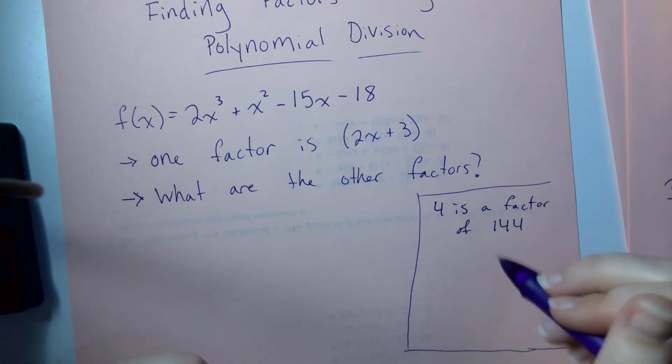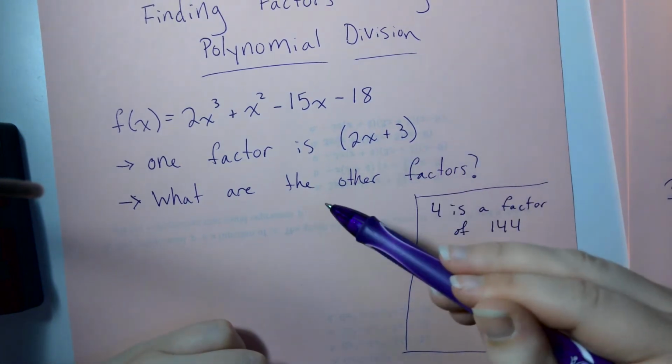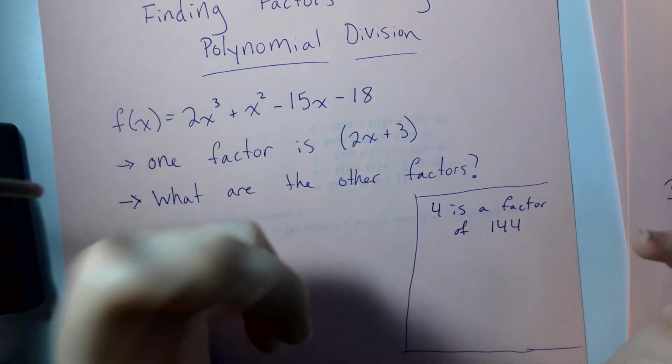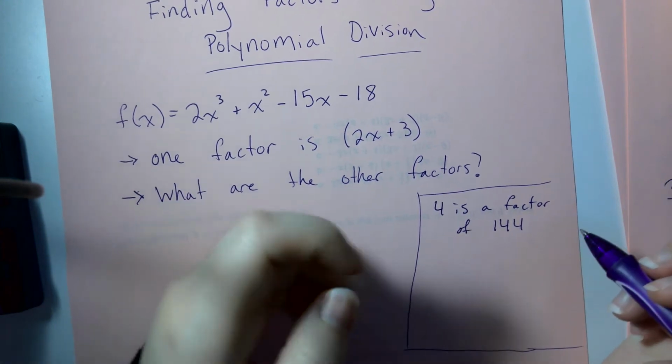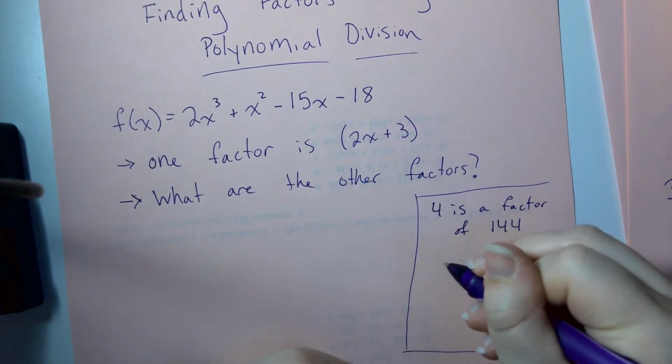I'm going to go through this just so we get the idea and why what we're doing works with polynomials. If 4 is a factor of 144, then if we want to find what times 4 is 144, we can just divide it.